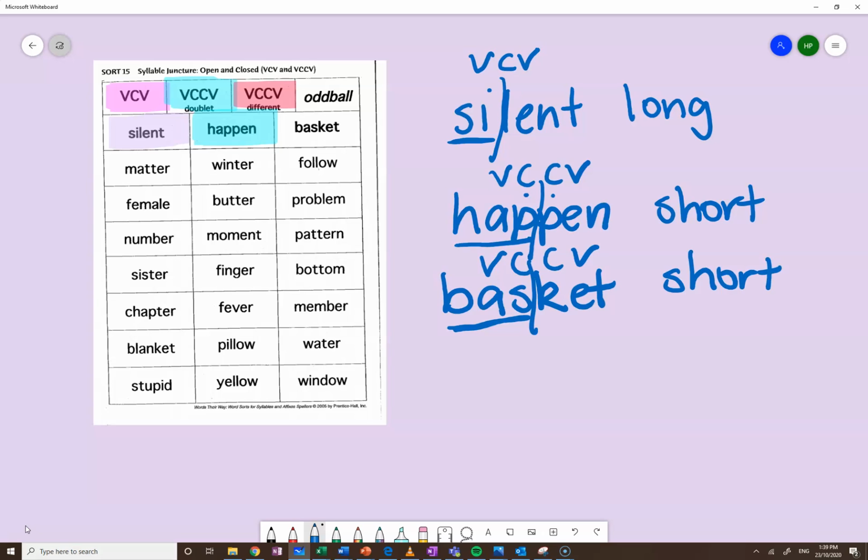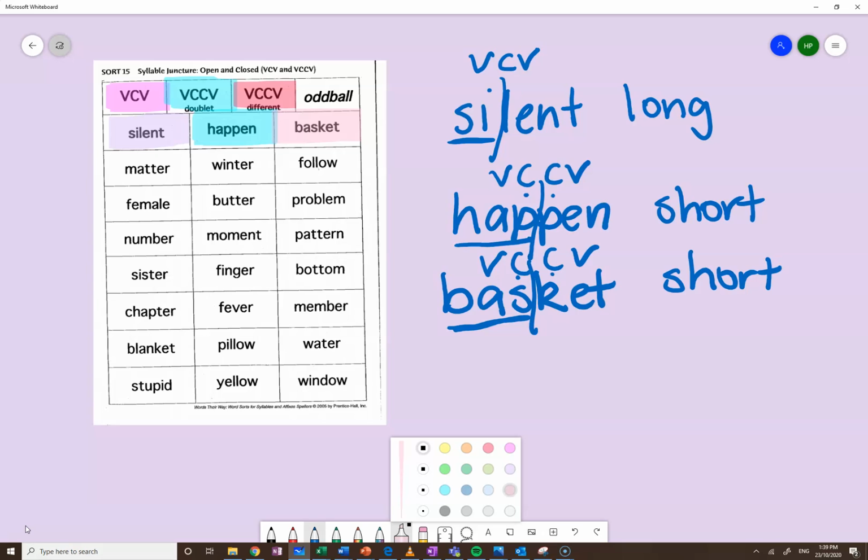The A is not saying its name. Now I look at the spelling pattern. With my two consonants, I've got an S and a K. So they are two different letters, which is why they go under the VCCV different column. Oh, I got the wrong color again, guys. Sorry about that. You understand.